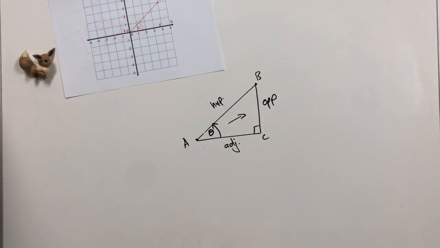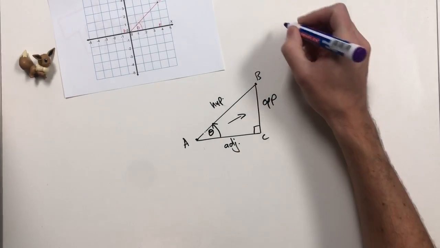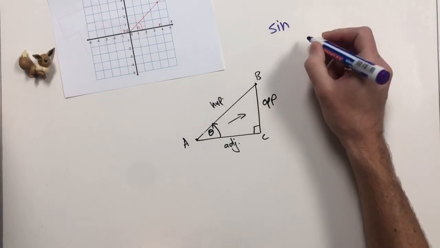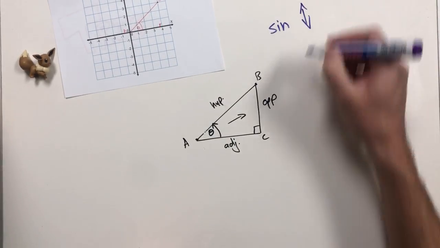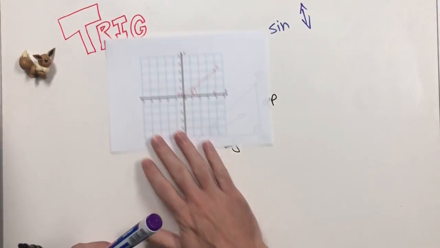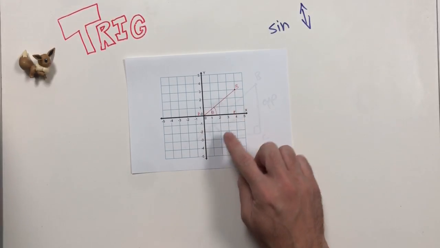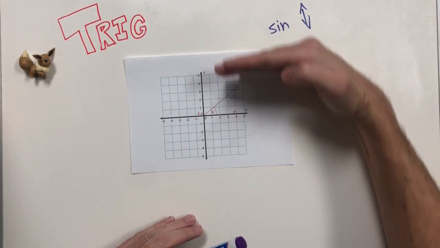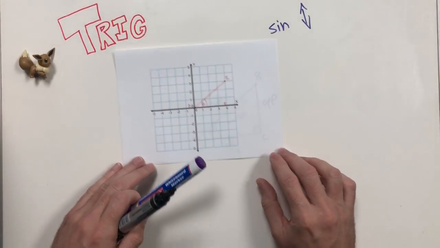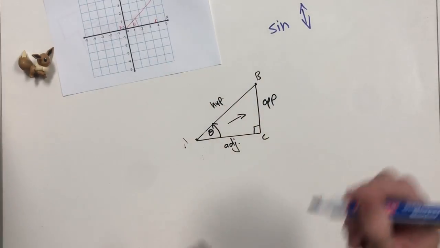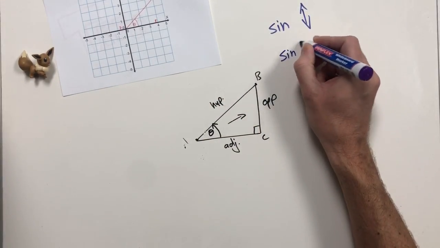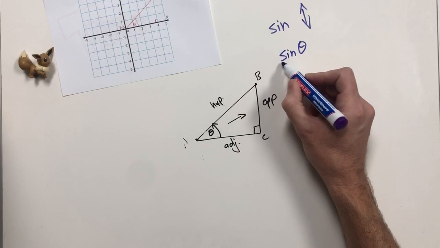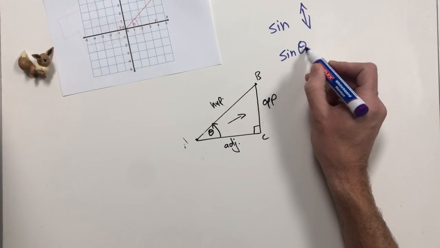So when I say sin, it will always give me an idea of vertical movement. If I look at my little Cartesian plane here, sin would always give me an idea of how far up I moved. Now what does that mean? The sine of an angle, that's how we write it. We usually write sine and then the little angle.